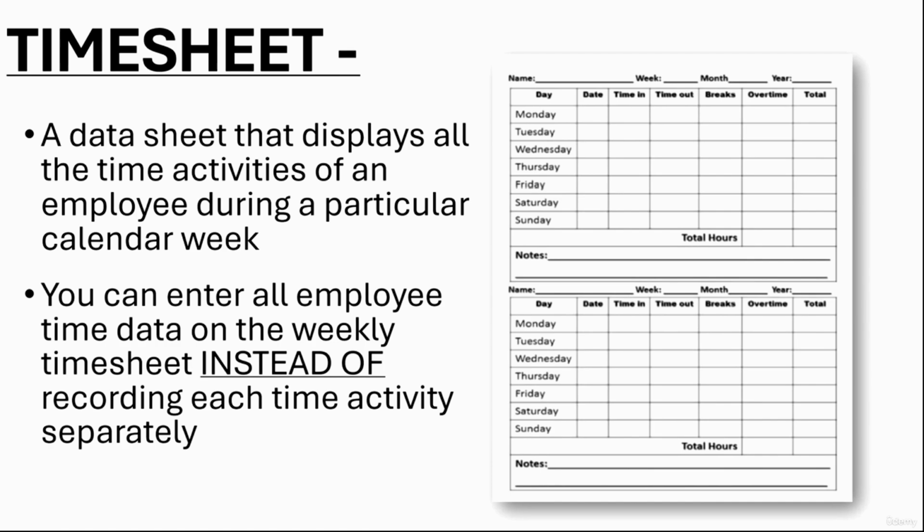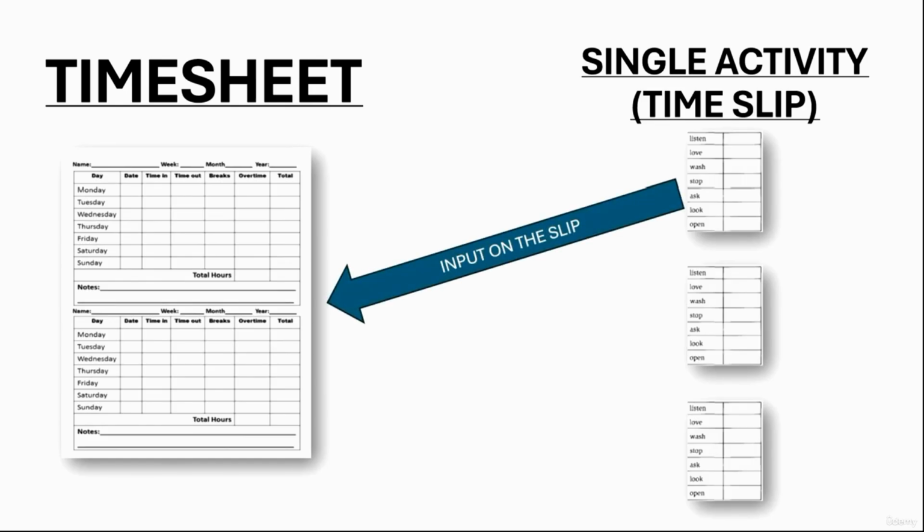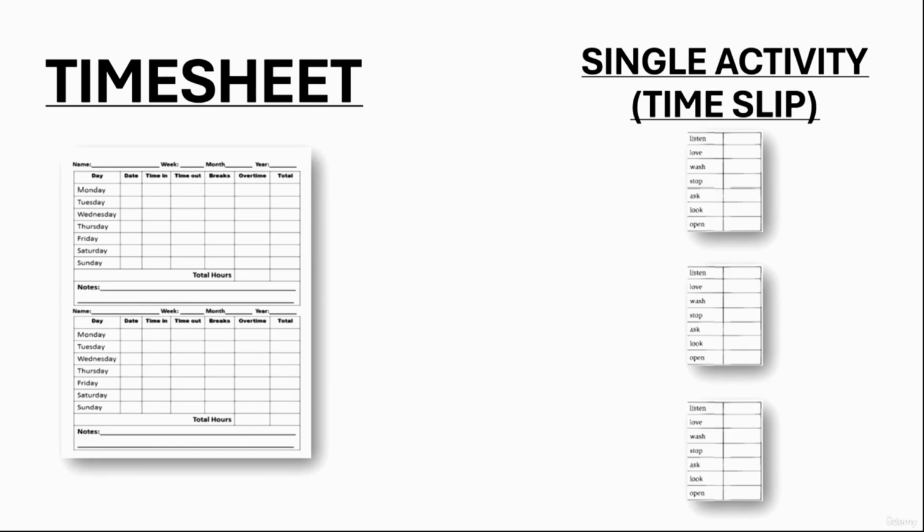And you can enter all employee time data on the weekly timesheet instead of recording each time activity separately. In fact, if you enter anything on the single activity slips that we did in the last video, it will automatically show up on that particular worker's timesheet for that week. And the opposite is also true.